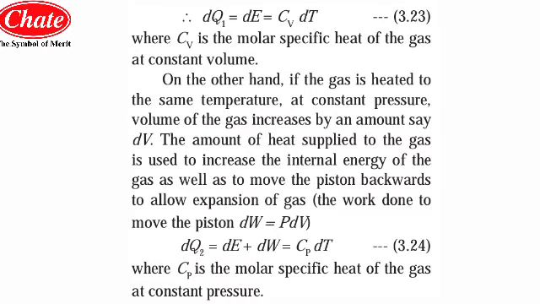So students, most of the time the values of Cv and Cp are given in the problem, but most students get confused at this situation. You have to keep in mind that Cv is the molar specific heat at constant volume, and Cp is the molar specific heat at constant pressure. These are different, so keep that in mind.